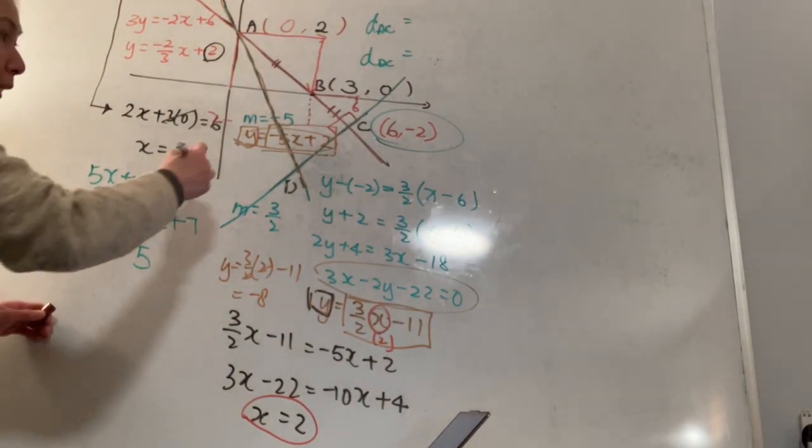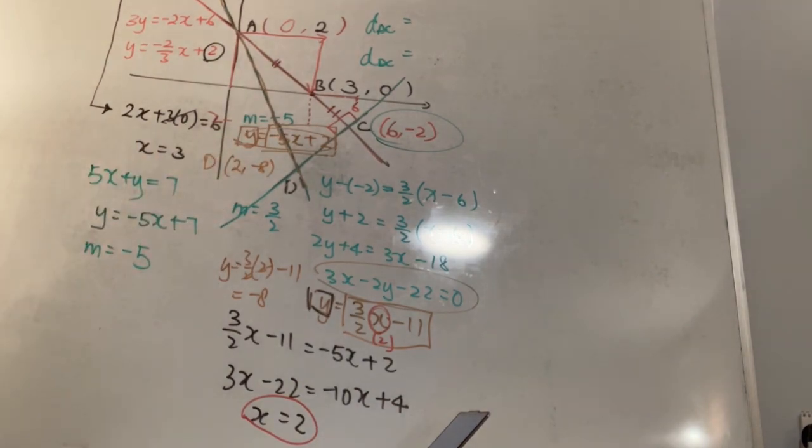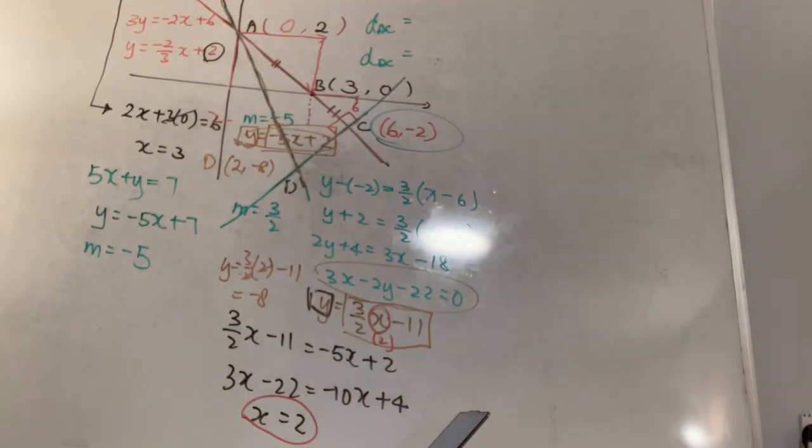So your D is 2, minus 8. Okay, D, please check. C to D, 8 minus 2, that's right. 10 squared is 100.